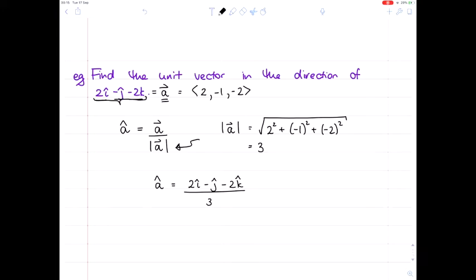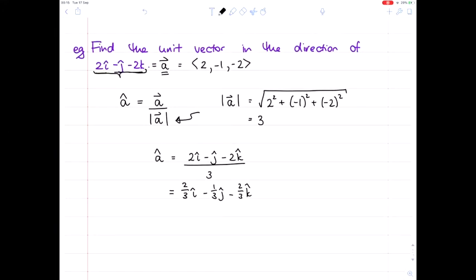So if we want to have this looking a bit more normal, we'd have 2/3 i hat minus 1/3 j hat minus 2/3 k hat. And my claim is that the length of our vector A hat is equal to 1. So we're hoping that because we've done this crazy thing, dividing the original vector by its length, we've now ended up with a unit vector which has length 1.